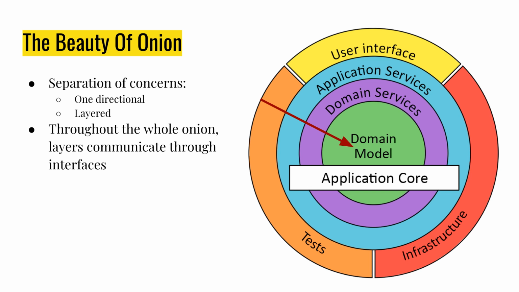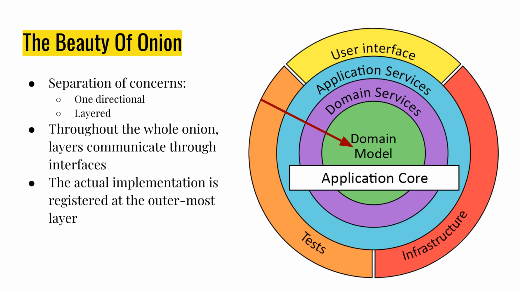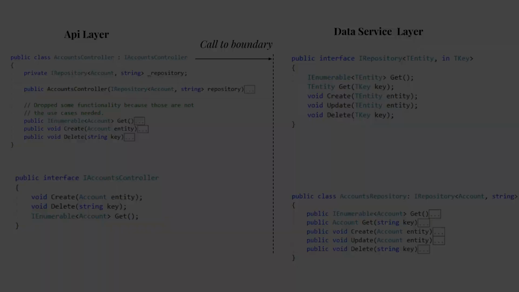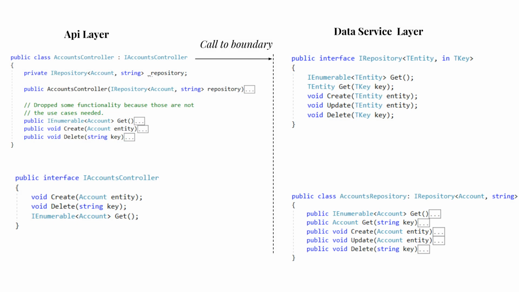So every layer is separated by a boundary, by an interface. And infrastructure is basically a dependency injection, inversion of control container, like Unity, like Autofac, like Ninject.